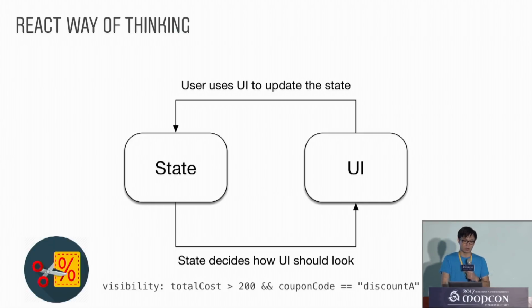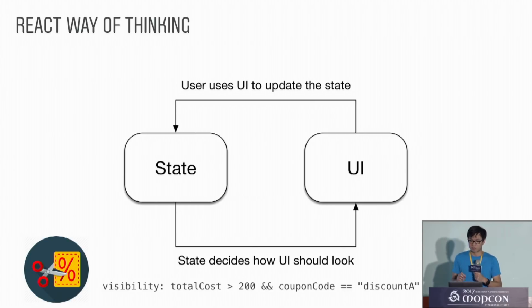Let me give you an example. Let's say you want to show a discount icon when the total cost is larger than 200 and when you enter the coupon code discount A in your shopping cart app. The total cost is one of the states. The coupon code is another state in this model. The user can easily change the total cost and the coupon code.